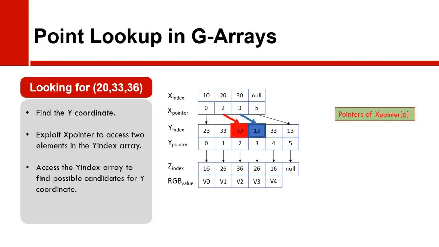Then the values of x pointer 1 and x pointer 2 show the candidate locations for finding the corresponding y coordinate in the y-index array. Searching the cells with indices between these 2 points in the y-index array, the point with x and y coordinates equal to 20 and 33 could be found.